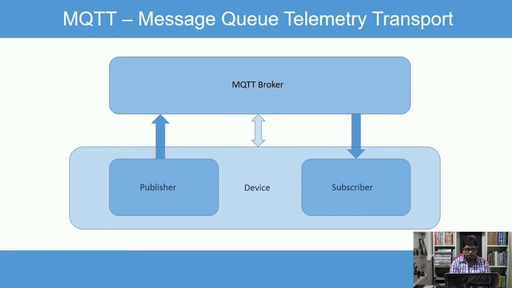Moving on to MQTT, what exactly is this? We have an MQTT broker. Now there's a topic. Let's say the name of the topic is Subvido. My device, the Node MCU, is subscribed to the topic, and my mobile app is also subscribed to the topic. This message exchange happens by means of a publisher and a subscriber.